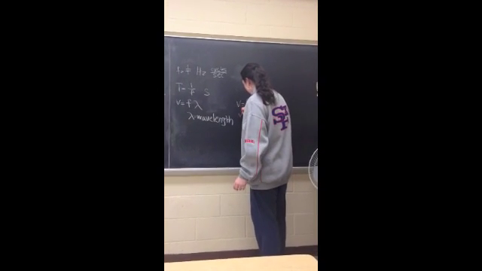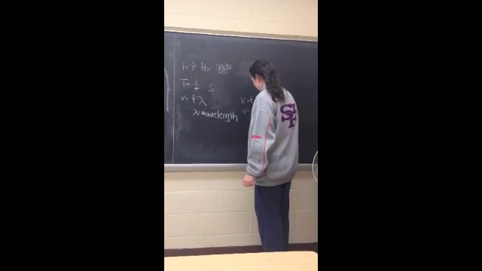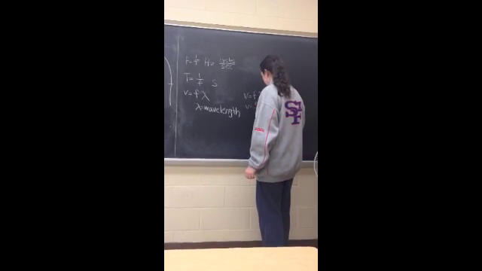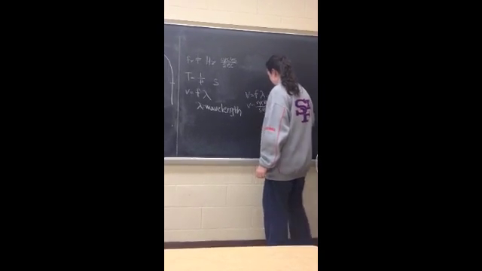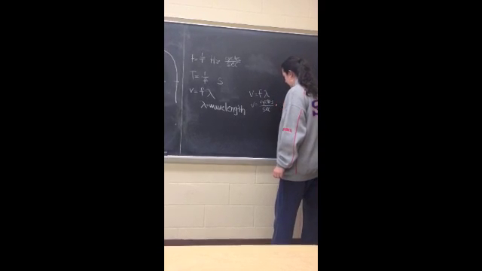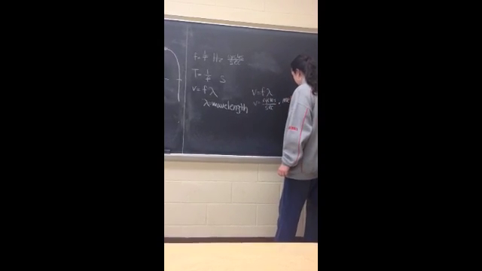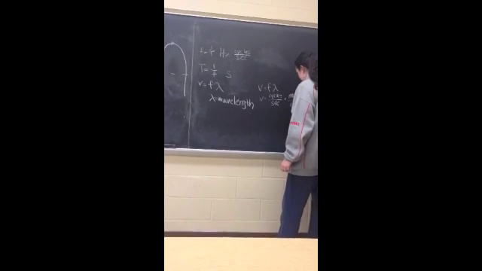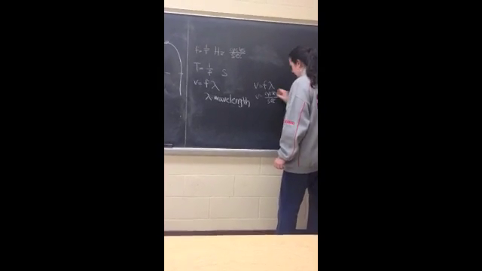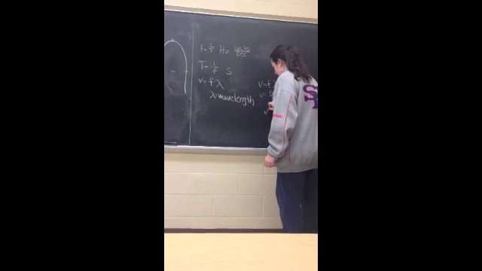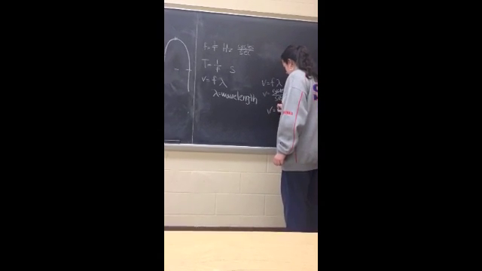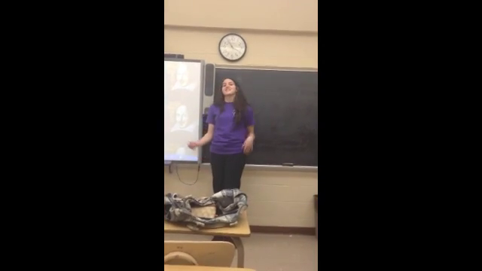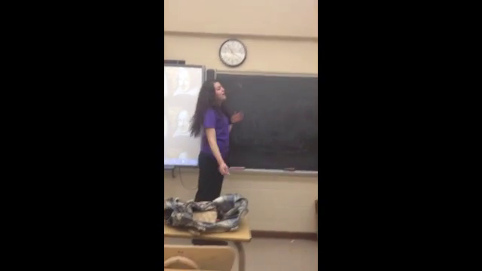So velocity is frequency, which is cycles per second, times wavelength, which is technically meters per cycle. So the cycles cancel out, and that's how you get velocity equals meters per second. Just kidding. So now we're going to do a real life problem.